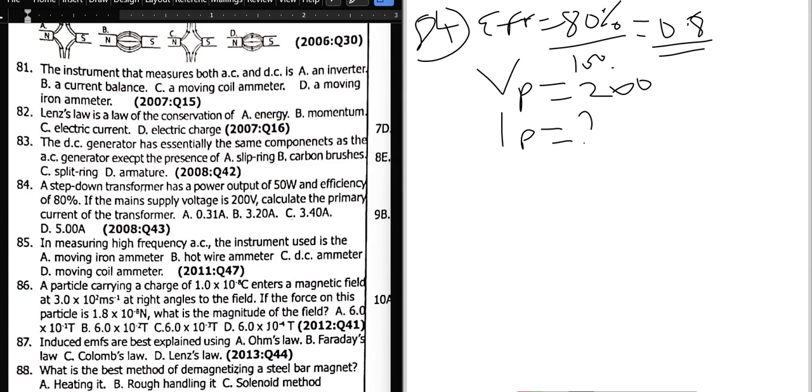Then we have output power, which is given as 50.